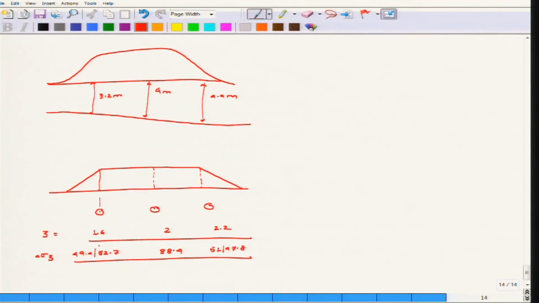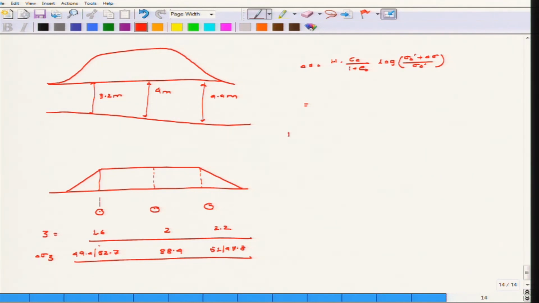Now if these three things are known to you, then how do you calculate the settlements? So as I have said, the soil is normally consolidated. So obviously the only settlement that you will come across is H into Cc by (1 plus e naught) into log of (sigma naught dash plus delta sigma) by sigma naught dash. Now H is varying, because H for the leftmost case is 3.2 meter, for the middle it is 4 meter, and for the end it is 4.4 meter.